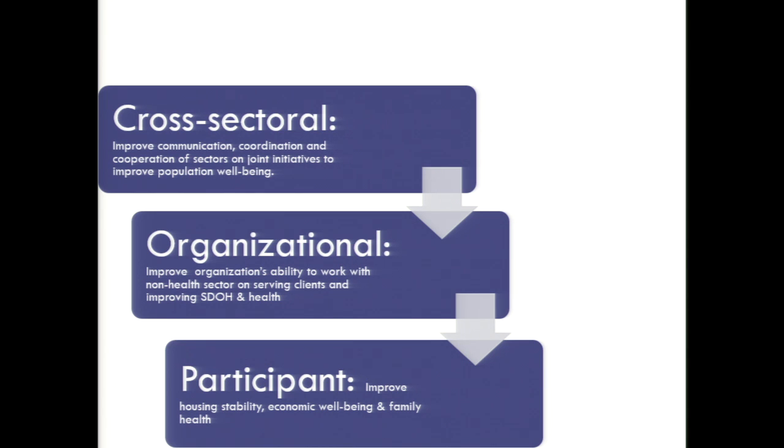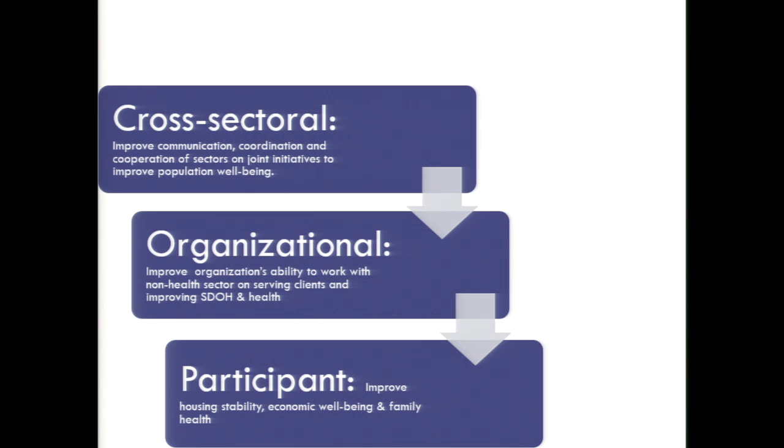Something that I wanted to point out about the multiple levels is that at each level, some of the assumptions about what's happening are going to be different and appropriate to that level. So, for example, at the participant level, the goal is to improve housing stability, economic well-being, and family health.